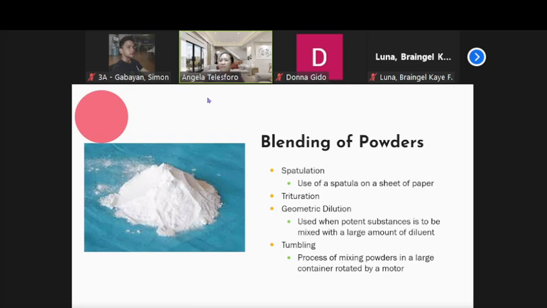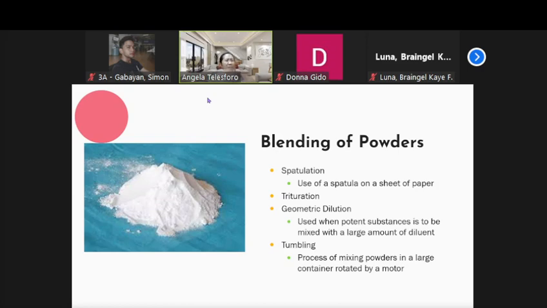We get 5 grams of the excipients, add it to the 5 grams of the API, then we mix them well. Now your API and the excipient make 10 grams. So we get another 10 grams from the excipient, add it to the 10 grams, and mix it well.